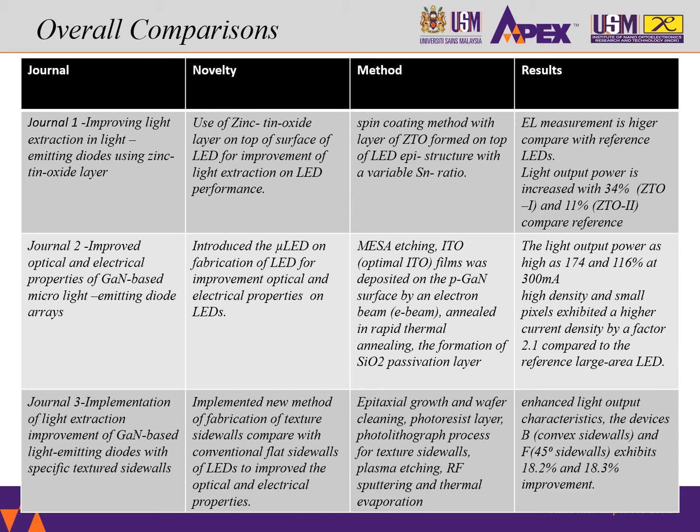The last journal in this comparison implements the micro fabrication of a structured sidewall compared with the conventional flat sidewall LED to improve the optical and electrical performance. The process performs photoresist layer and photolithography on the sidewall structure, plasma etching, RF sputtering, and also thermal reflow.